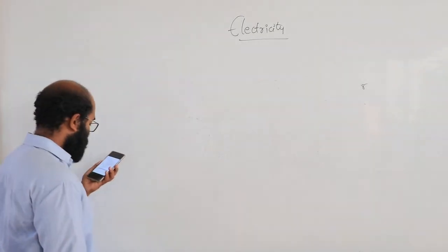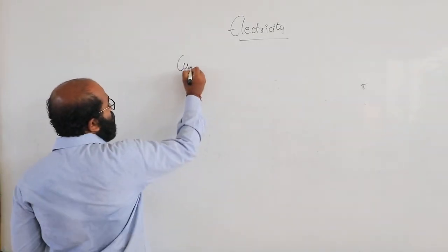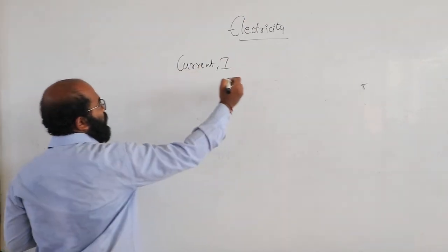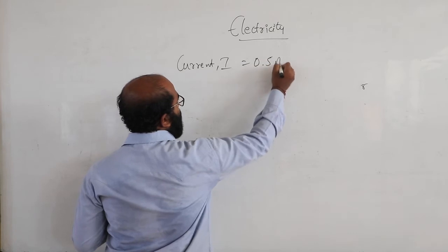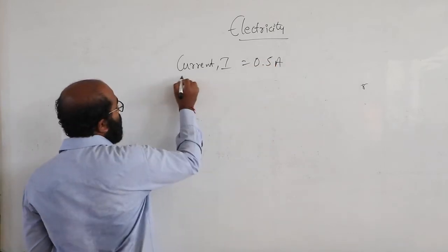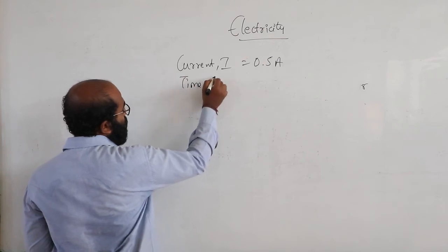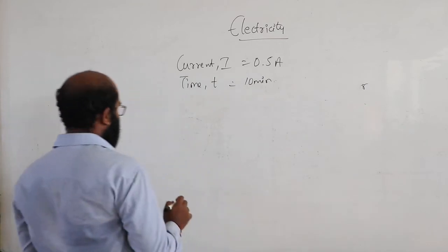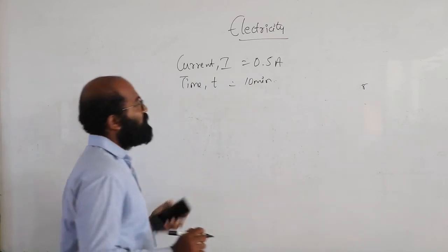So what they have given is current. First write down the values that they have given. Current I, that is 0.5 ampere. Next, time, 10 minutes. So they are asking what is the charge.